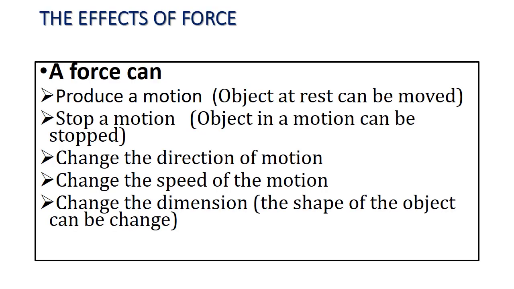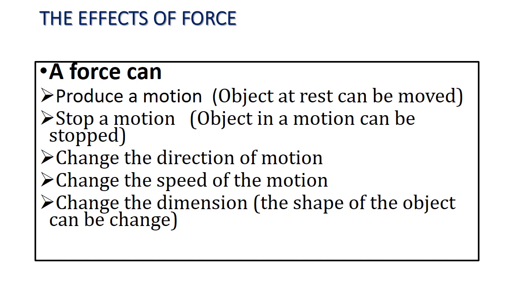By applying a force, we can produce a motion. Those are the effects of force. In other words, an object at rest can be moved. And a force can stop a motion.